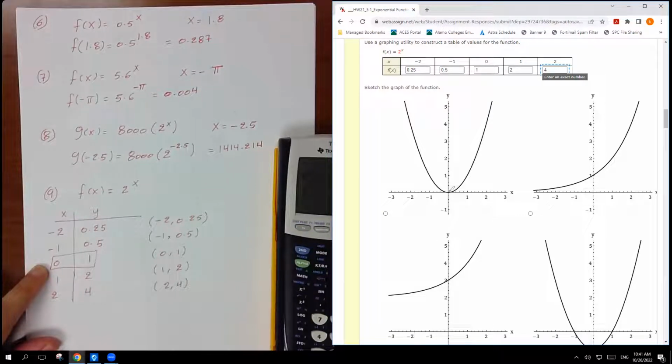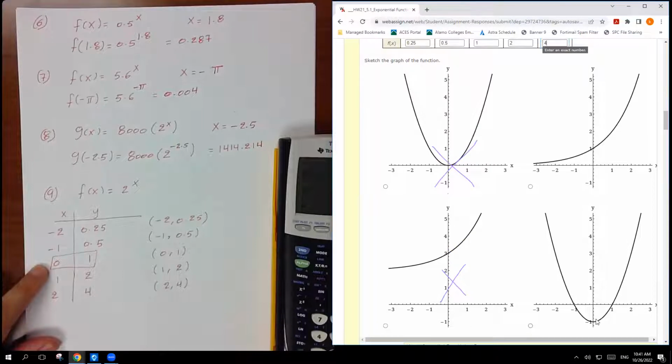So I'm going to cross this one. The y-intercept here is 0, 3. So I'm going to cross this one. The y-intercept on this one is 0, -1. So also I'm going to cross this graph. Check, the y-intercept here is 0, 1. So this is the right option.